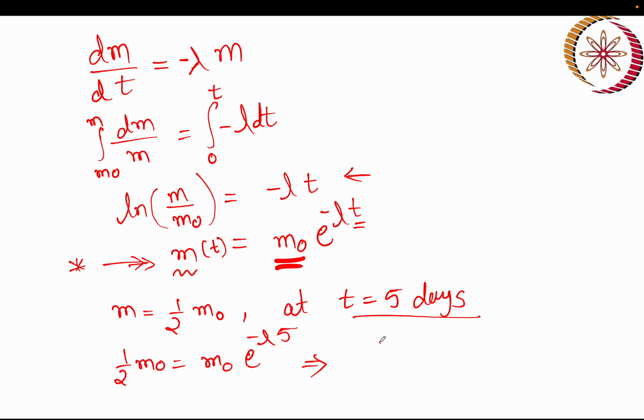So half is equal to e raised to minus lambda into 5, and taking the natural log on both sides, the minus sign is absorbed, and dividing by 5 will give the lambda. Okay, so this is the value of the lambda.